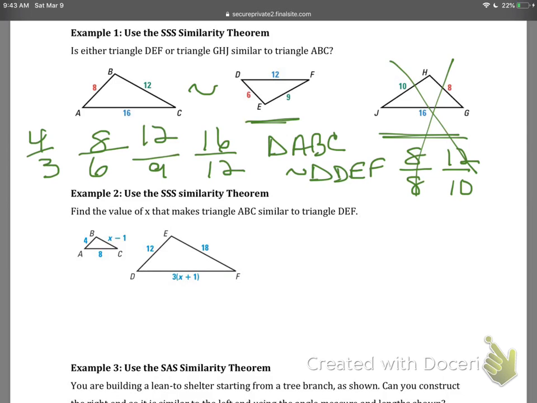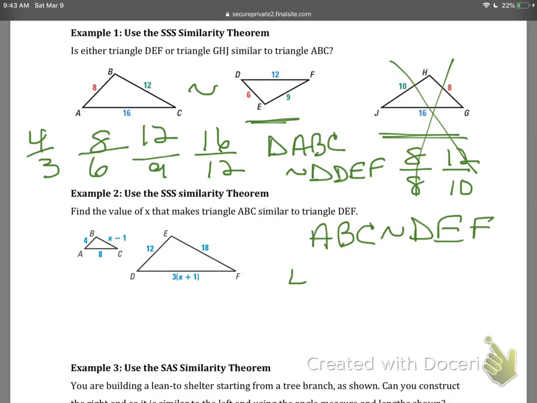We have the following. Find the value of x that makes the triangles similar. They gave us the order, ABC similar to DEF. So how can I do that? It looks like I have to find a value of x.